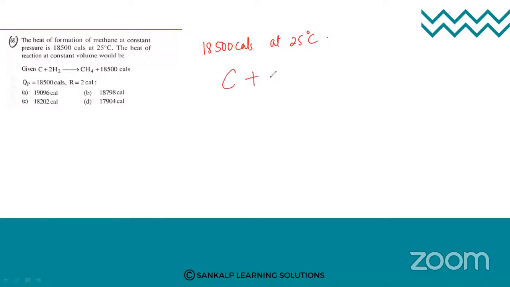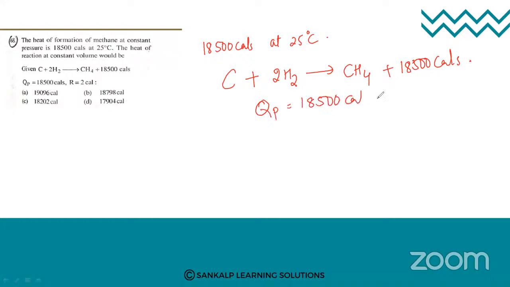This is a reaction when carbon reacts with hydrogen gas, giving you methane plus 18,500 calories. QP is given, that is 18,500 calories, and R is equal to 2 calories. So you have to find the heat of reaction at constant volume.